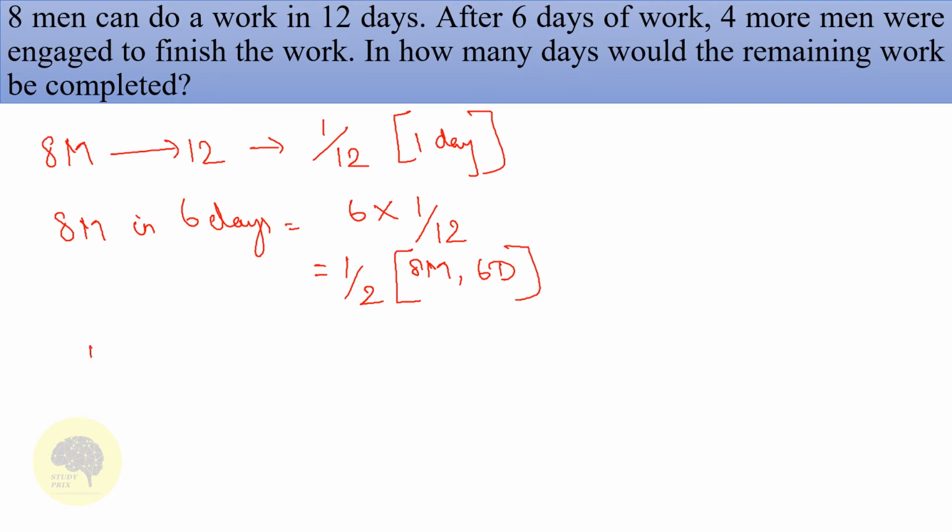From this we can find the remaining work as 1 minus 1 by 2, which is 1 by 2. Therefore, 1 by 2 is the remaining work, which has to be done by 4 more men. Already 8 men are here, and 4 more men are engaged to finish the work. Therefore, 12 men are here to finish the remaining 1 by 2 of the work.